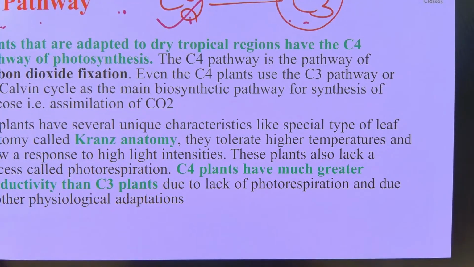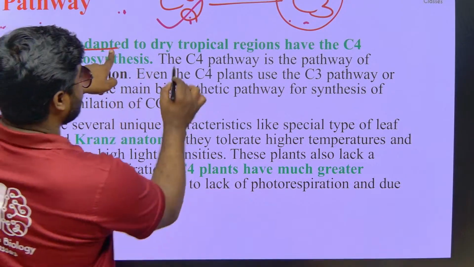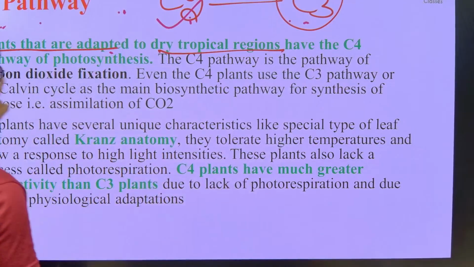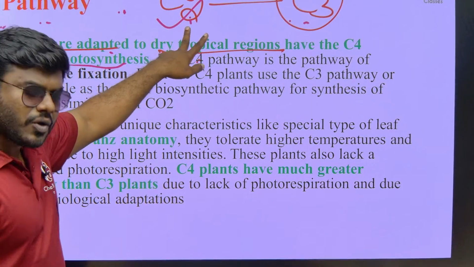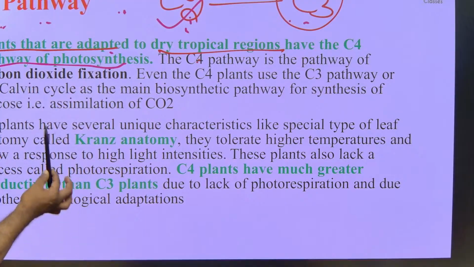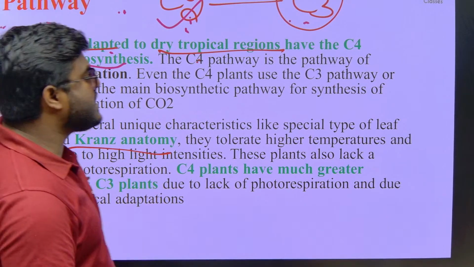You are getting the point. Understand the concept. Plants that are adapted to dry tropical regions have the C4 pathway. Now you can ask, sir, how does the C4 pathway escape the C2 cycle? Because of a specialized anatomy present in the leaf called Kranz anatomy.